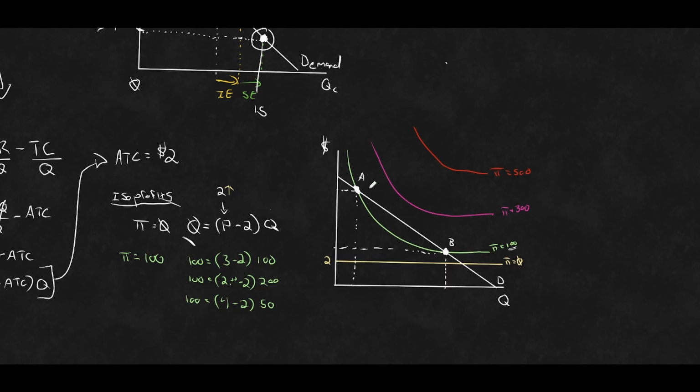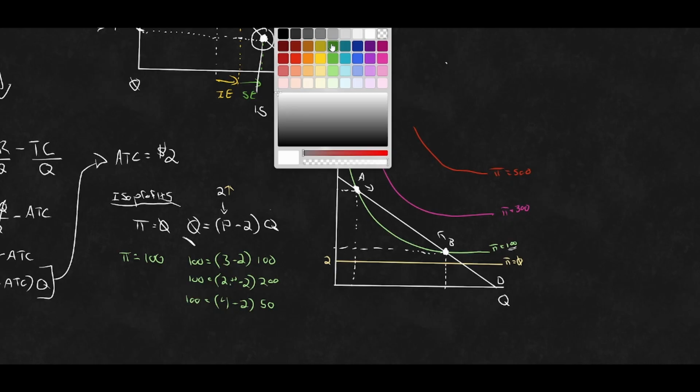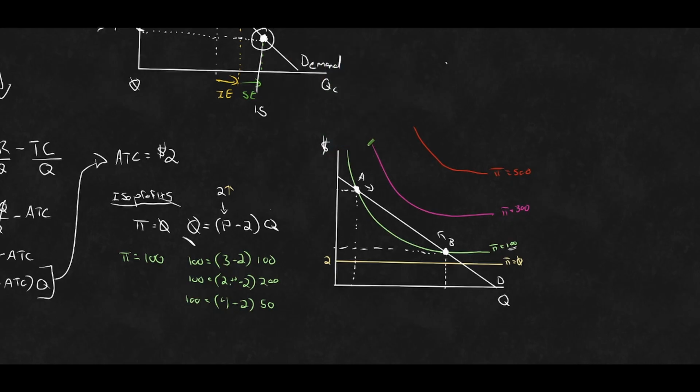But what we see is that if the firm moves to the right of A or moves to the left of B, there would be some isoprofit coming through here that would be up to the right of this profit 100. Let's make a color for this. Let's go darker green. Why not? We could presume that this new isoprofit comes through somewhere like this. If that's 300, this is 100. Let's say that's a profit of 180, just to pick a fun number.